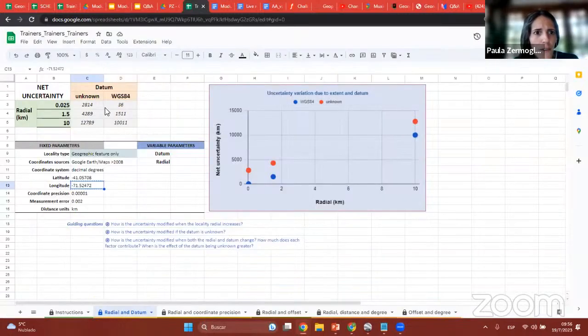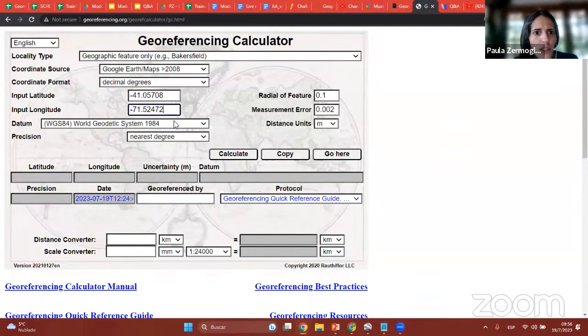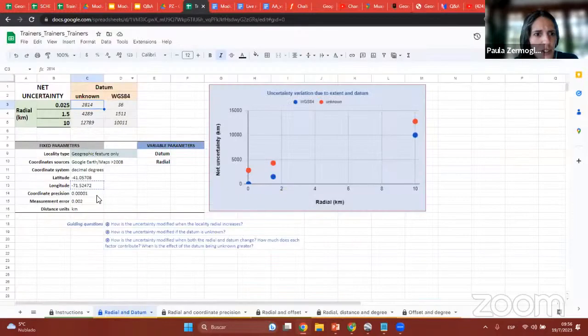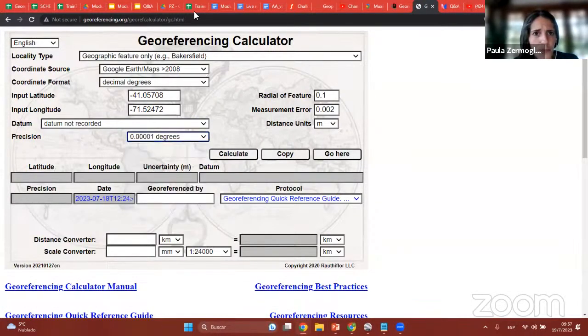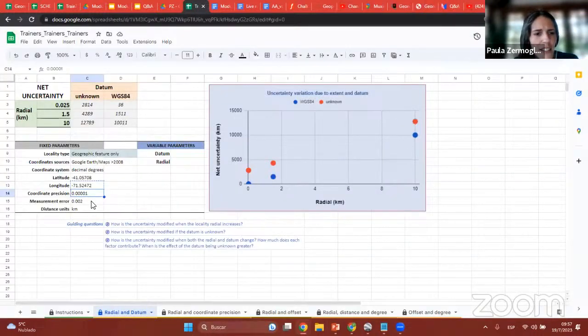Okay. For the datum, we have to see which one we have to put. In this case, for the first value, I'm going to put datum unknown. So the datum is not recorded here. Then we had a precision of 0.00001. That's 5 decimal places. And then we had a measurement error of 0.002 in kilometers.